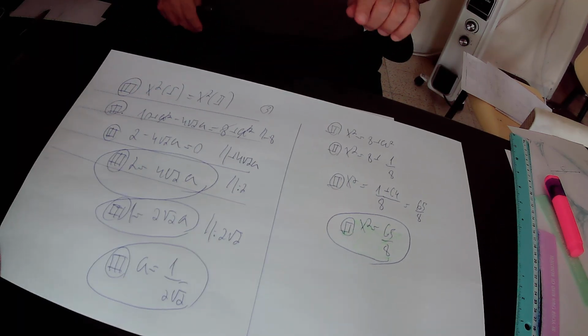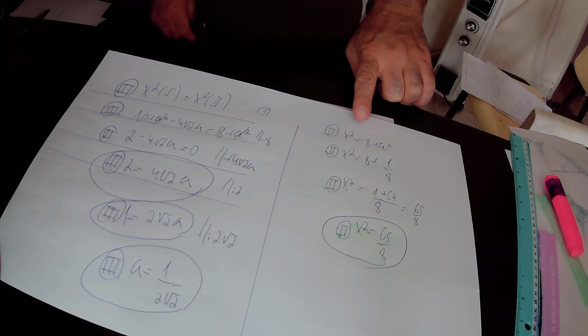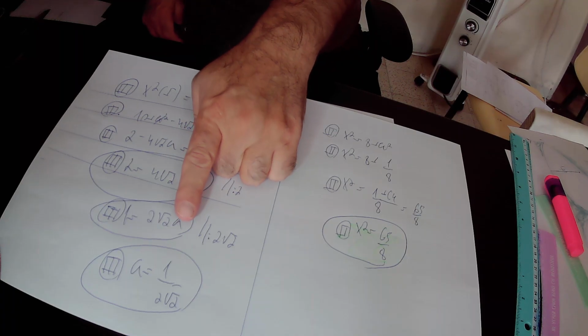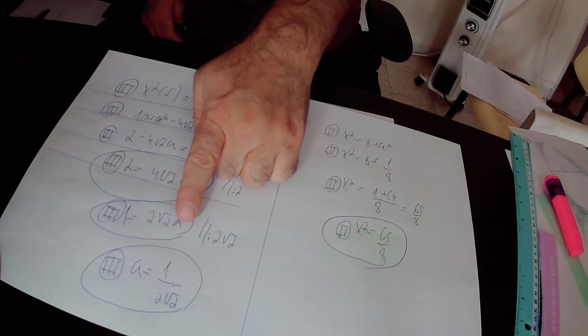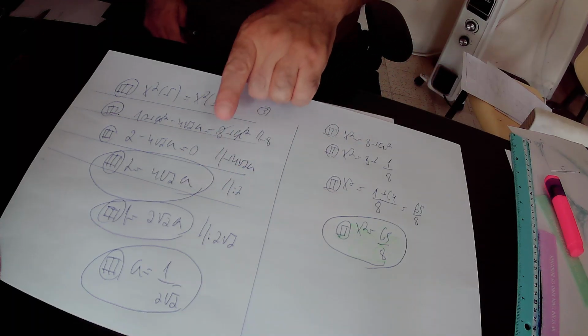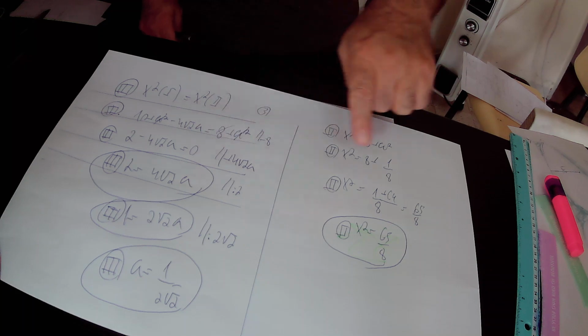According to equation 2, x squared equals 8 plus 8 squared. A is 1 over 2 times square root of 2, and therefore A squared is 1 over square root of 2 times 1 over 2 times square root of 2 squared, that is 8. So in total, A squared equals 1/8.